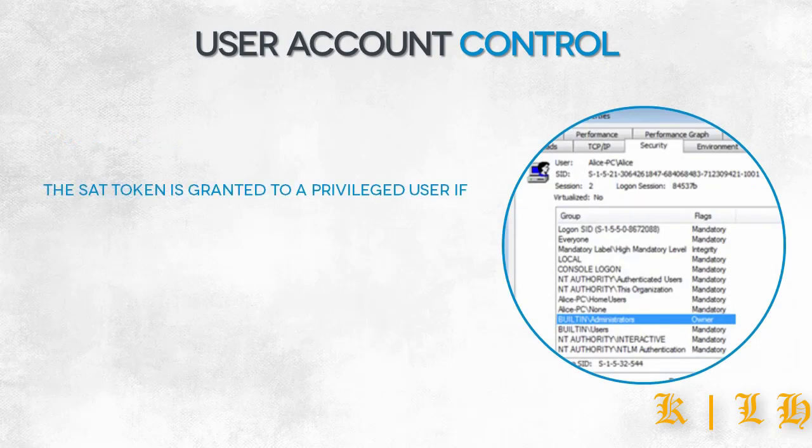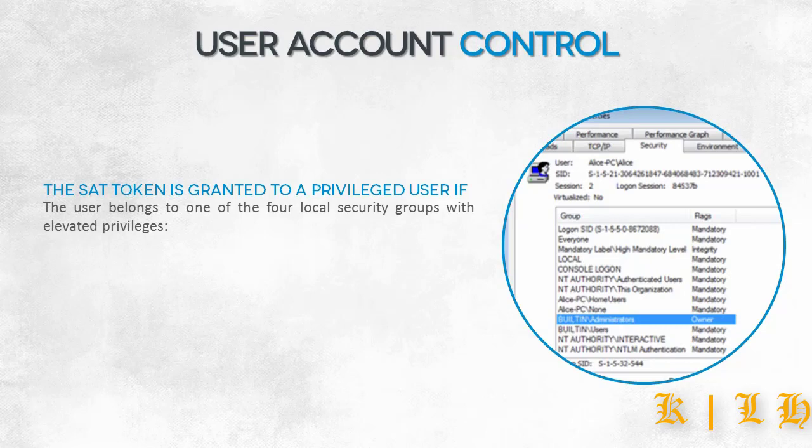The SAT token will automatically be assigned to the processes run by the user if he belongs to the privileged groups. These are predefined groups, for example, groups created during the installation of the operating system. They are automatically given certain rights. One of the privileged groups is the administrators group.